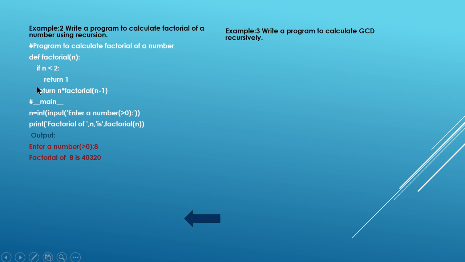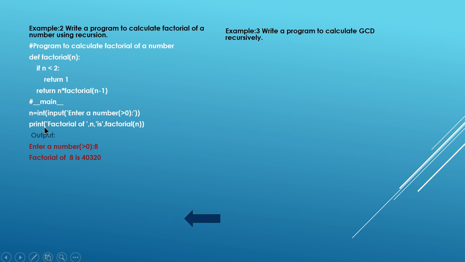This is your recursive function, and in the main program, n is equal to int of input, enter a number. The number should be a positive number. If it is not a positive number, like in the previous slide, you can also check the number for negativity and handle that case.